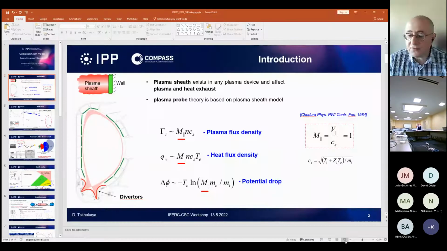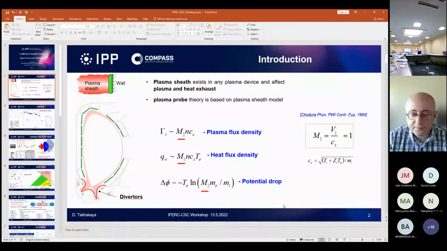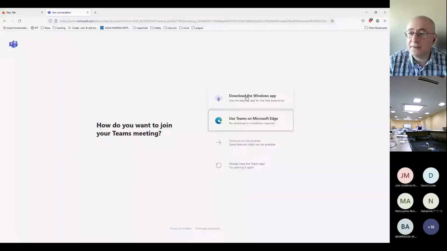If I share the window, it does not work.